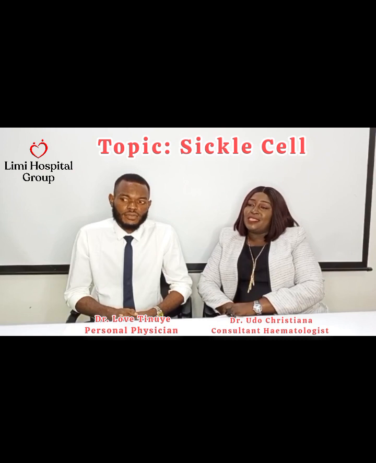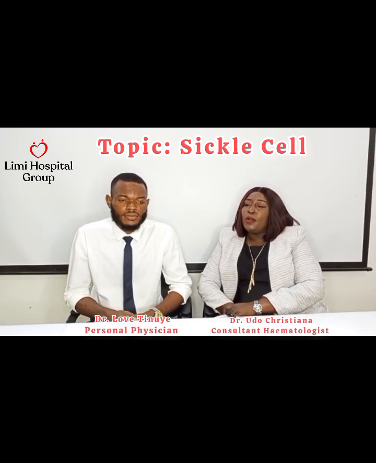Even when you marry an SS, as far as you're AA, you're only having a carrier, not a sickler. So one of the most important ways to prevent is creation of awareness, and then avoiding getting married to someone with sickle cell disease. That is one of the other ways that you can do to prevent sickle cell disease.